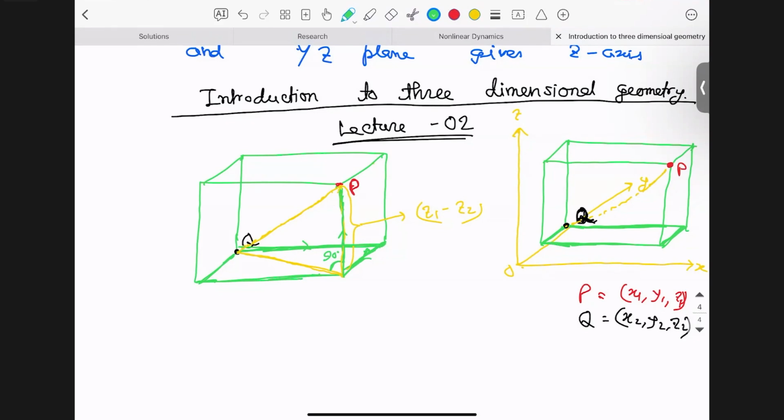So together we can say that we need to cover an extra z1 minus z2 distance.